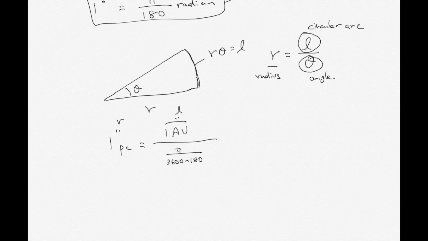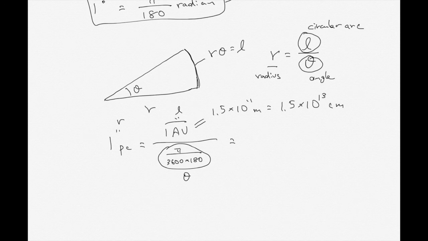Okay, then this is theta. And 1 AU is equal to 1.5 times 10 to 11 meters. So we could use centimeters: 1.5 times 10 to 13 centimeters.